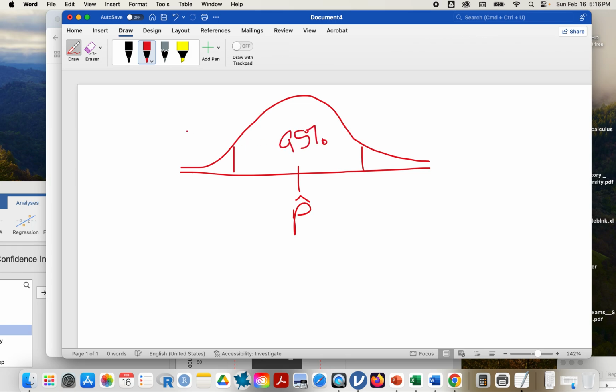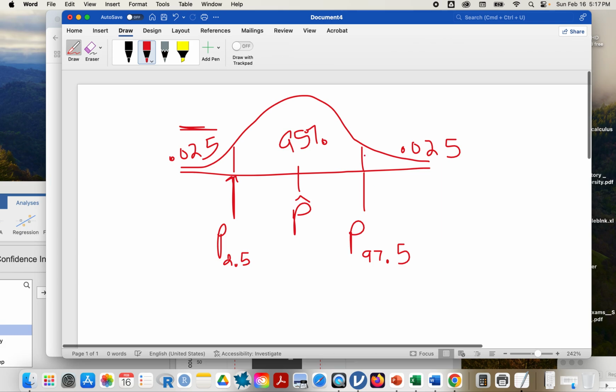That means the area to the left is going to be 0.025, and the area to the right will be 0.025. That means this is the 2.5th percentile, and this is the 97.5th percentile. P sub 2.5, and then P sub 97.5.